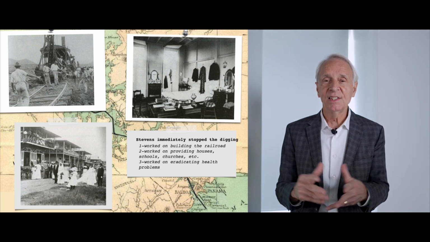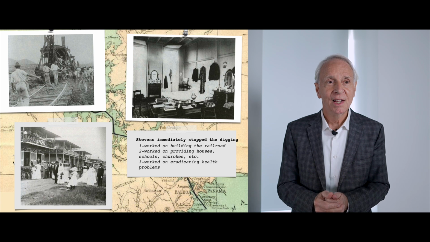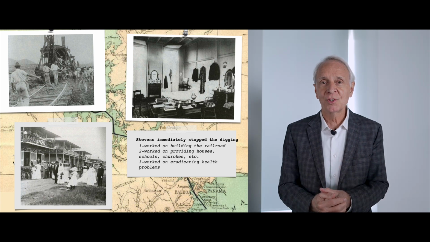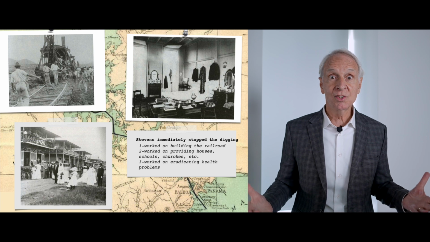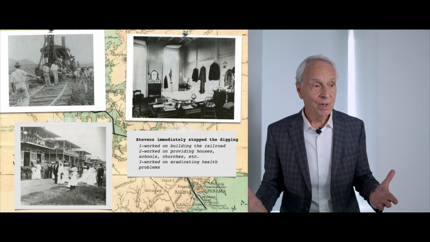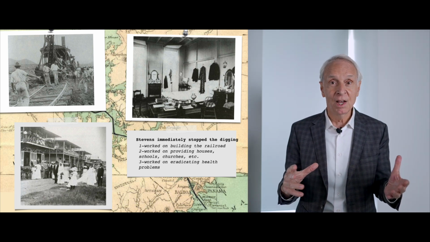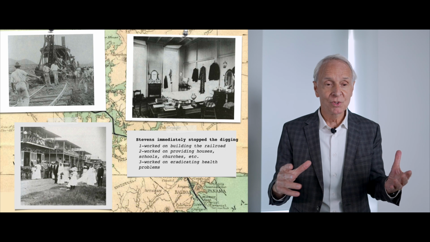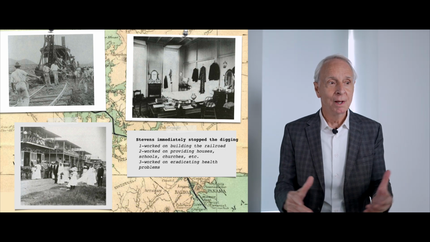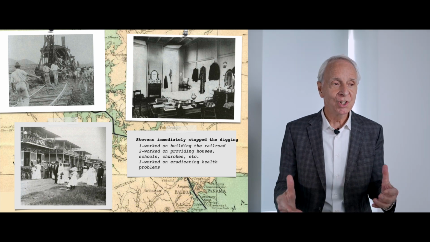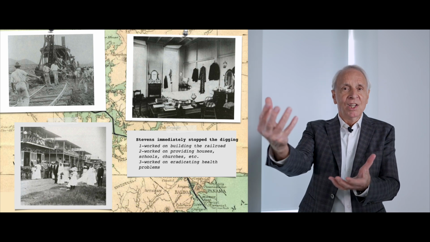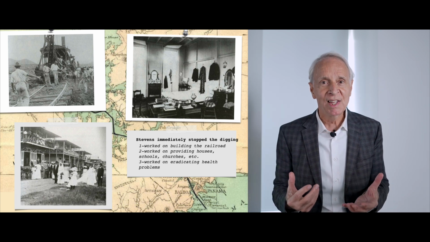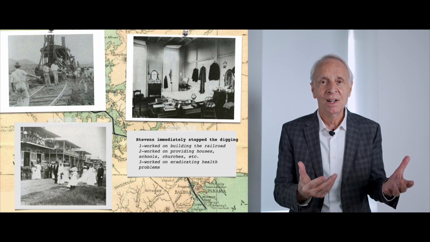Then the second thing is he built communities. He said, I can't get a good workforce here, either for the laborers or for the engineers, unless there's a decent place to live. So he built little towns, and houses, and schools, and playgrounds and baseball fields and churches, and he made a place for people to live. These bright young engineers weren't going to move from the United States and leave their families back there.